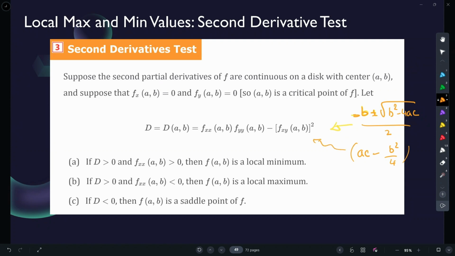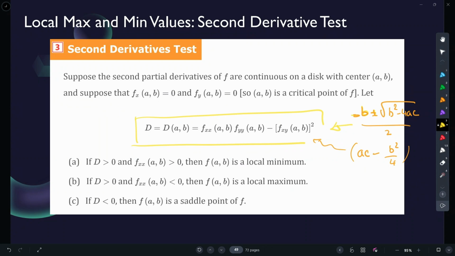And it comes from, instead of considering a tangent plane, we consider a tangent quadric surface, to see what is the best fit at that point. Is it a paraboloid that opens up, is it a paraboloid that opens down, or is it a saddle point? And then we compare to our own graph. But in any case, this formula right here, this quantity, tells you what is happening.